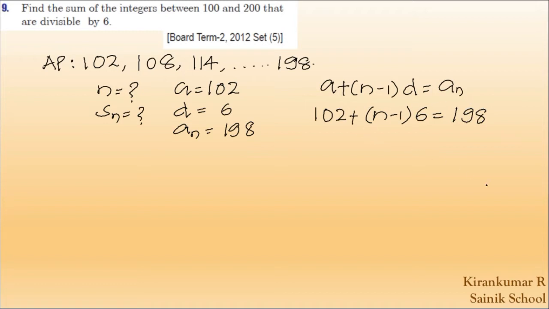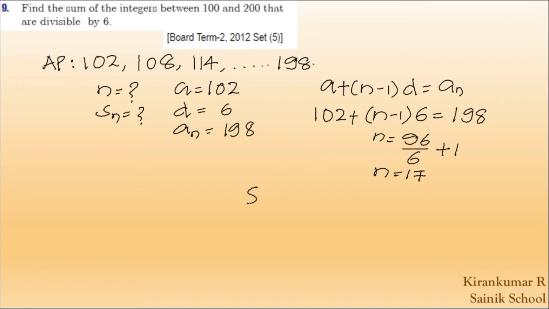So when 102 is transposed to the right hand side, it becomes 96. So n value will be 96 by 6 plus 1. We get it as 17.